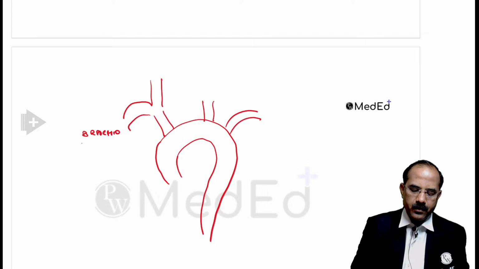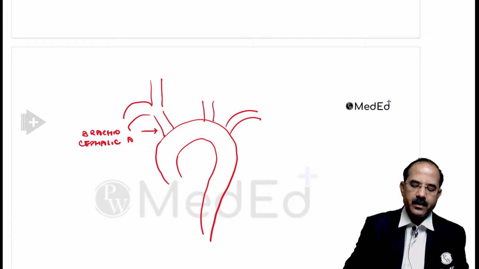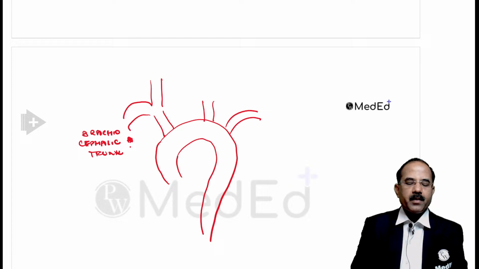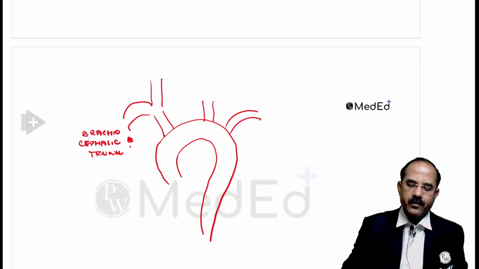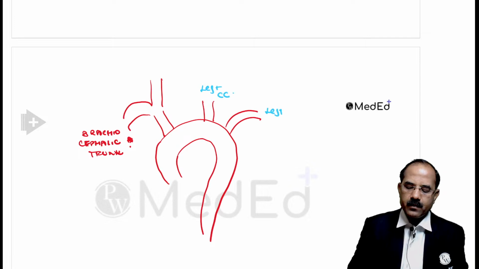That's the brachiocephalic artery, or the brachiocephalic trunk. Yes, very good. This is the left common carotid. That's the left subclavian artery.